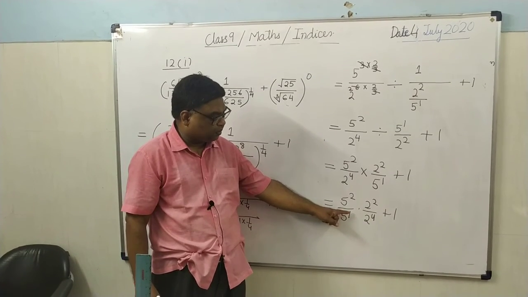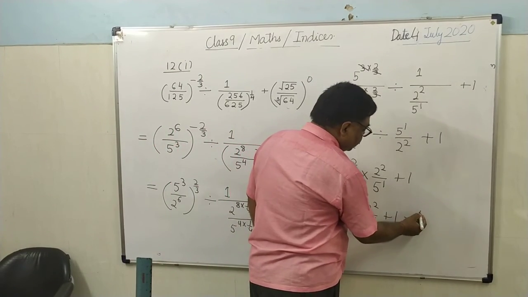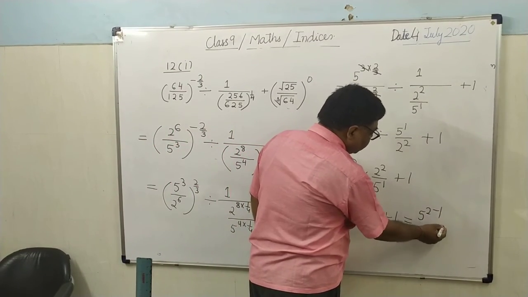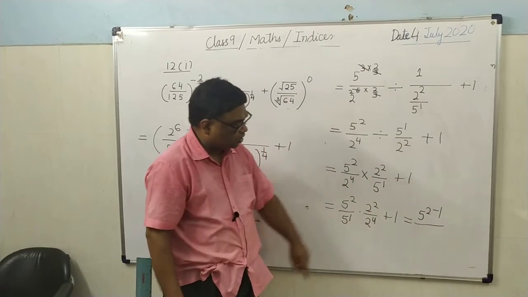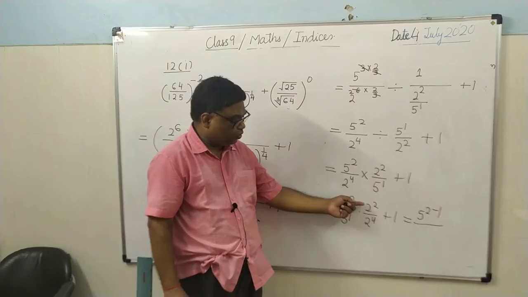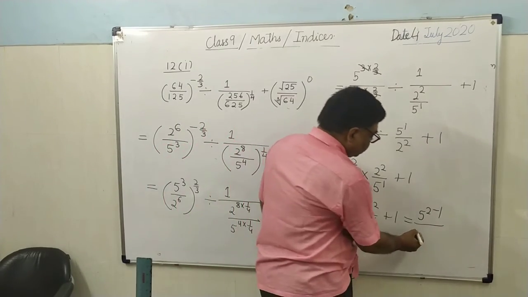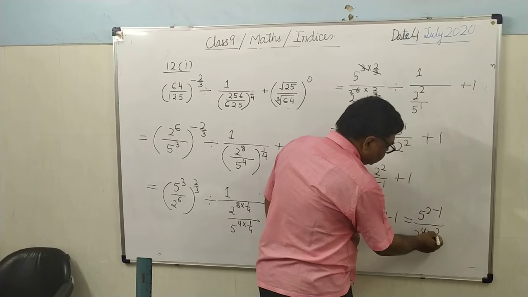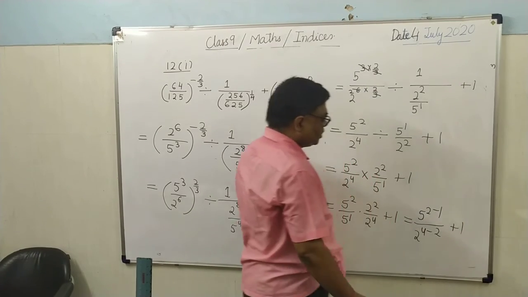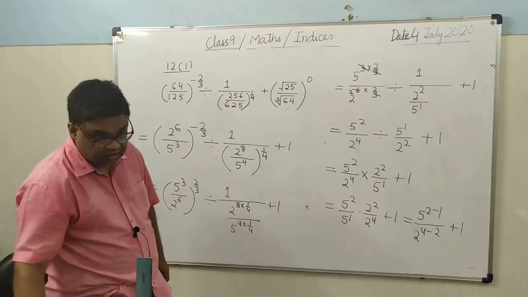This power will move from here to here. That is, it will be 5 to the power 2 minus 1. But in case of 2, you see, here denominator's power is bigger. So what will you do? You bring this term down in the denominator. So it is 2 to the power 4 minus 2. It's clear?